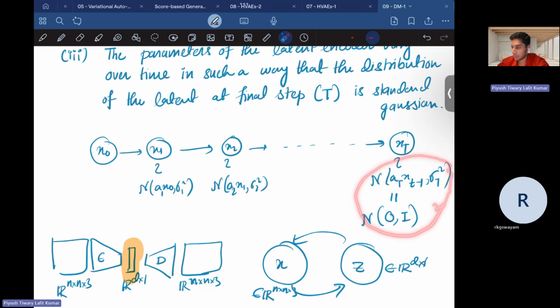That is what I said, this is something that we have to make sure happens. So we'll see that these parameters A1, A2, up to AT, all of these things are designed in such a way that eventually your final distribution will become Gaussian 0, 1.